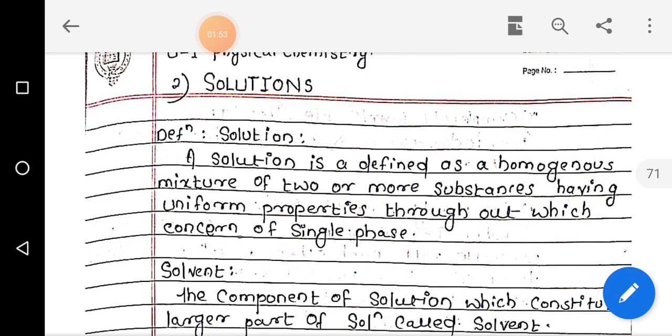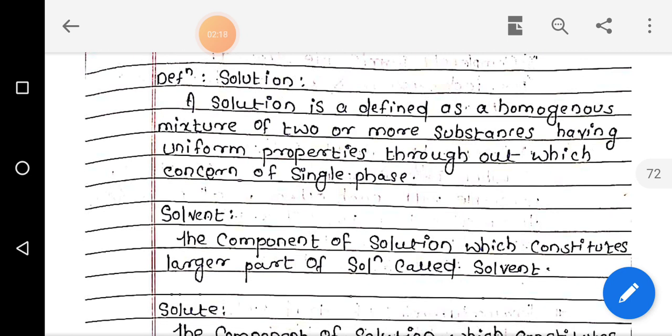But if it is present in the maximum quantity, for example, if you are taking 2 grams of sugar and mixing in 5 ml of water, the 2 grams of sugar can be easily mixed in the 500 ml of water. So to form the solution, the solute is in the small quantity and the solvent in the sufficient maximum quantity.